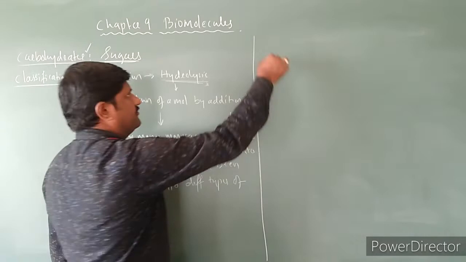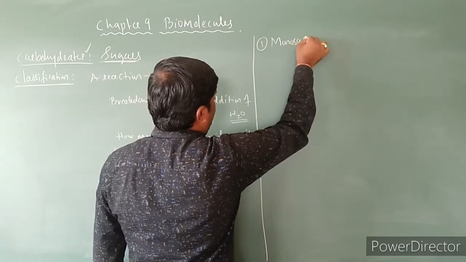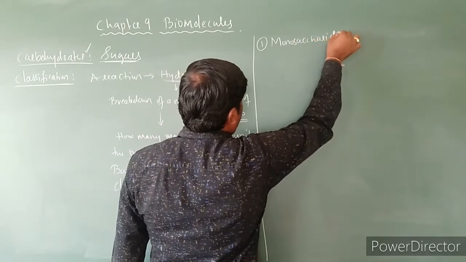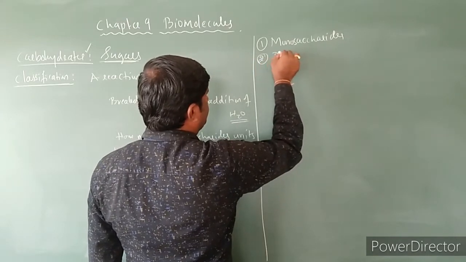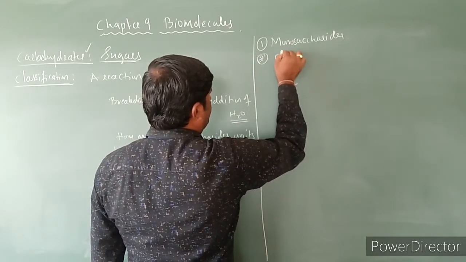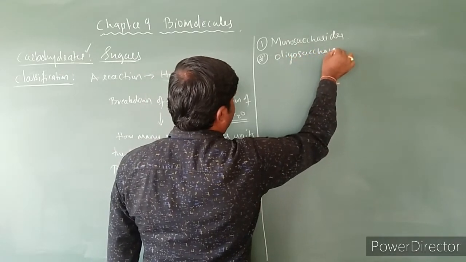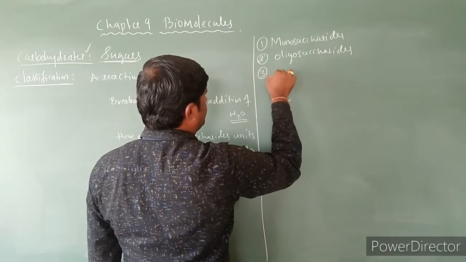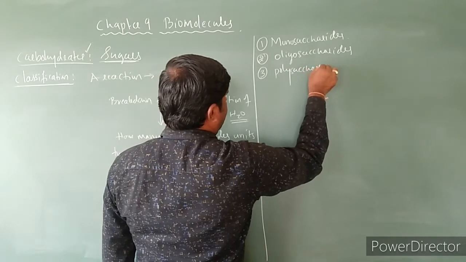What are those types of sugars? Let us see here. One is monosaccharides, the second one is oligosaccharides, and the third one is polysaccharides.